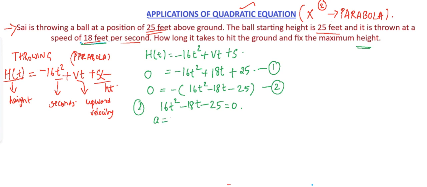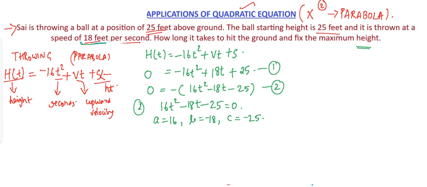From this we get the value of a as 16, the value of b is minus 18, and the c value is minus 25. There are many methods to solve the quadratic equation. You can either find the factors directly by the factoring method, or you can take up some squaring methodologies and proceed, or you can take up a formula and then proceed.